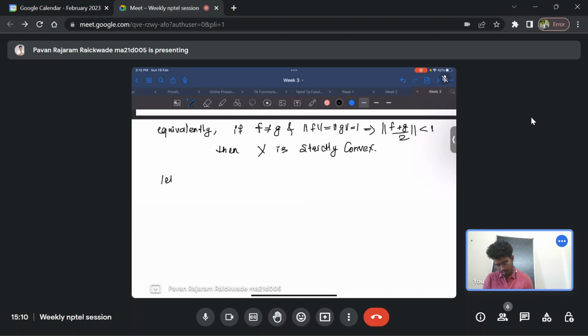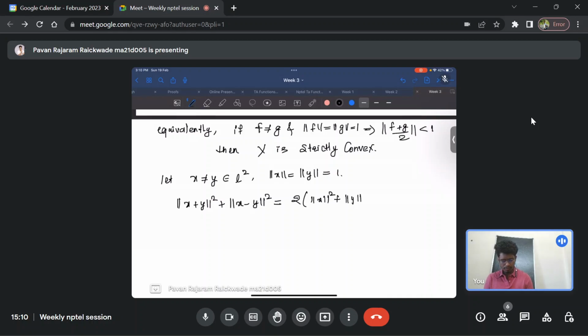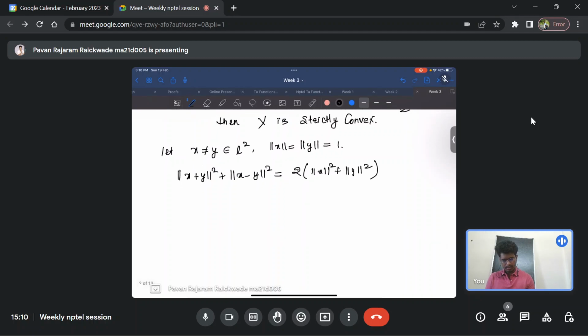Let x not equal to y belong to L2, and norm of x equals norm of y equals 1. Then norm of x plus y squared plus norm of x minus y squared is 2 times (norm x squared plus norm y squared). Correct me if I'm wrong, but this is the parallelogram law.